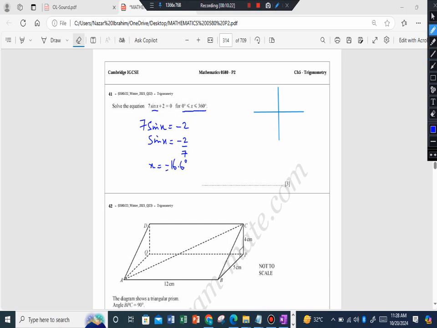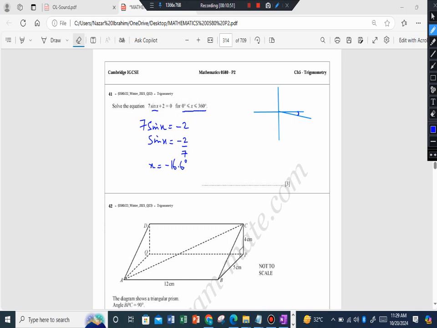It's negative, so the angle is measured clockwise, not anti-clockwise. This is somewhere here, the angle according to the question, but since it's not included in the range, we will not take this angle as the answer.